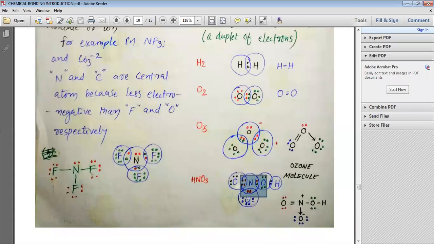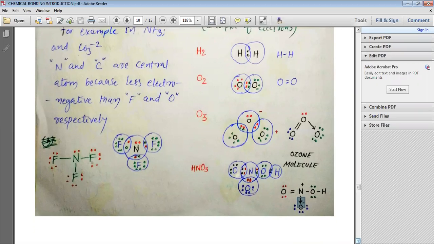But to this oxygen, nitrogen gives its two electrons to make a bond, and that is why this bond is represented with an arrow instead of a dash. So the required electrons for this bond are provided by nitrogen in HNO3.